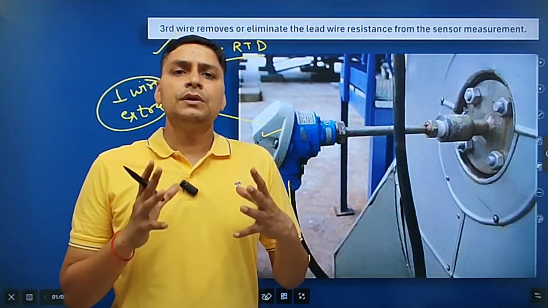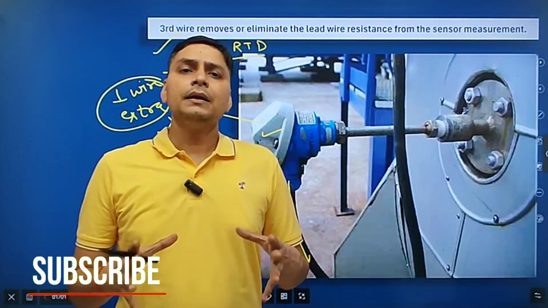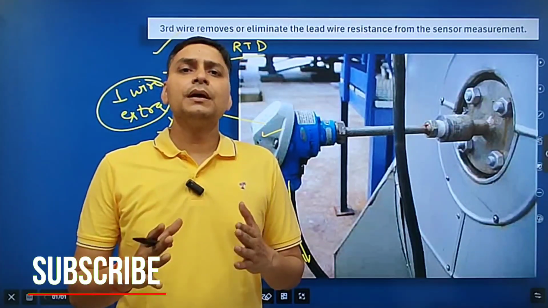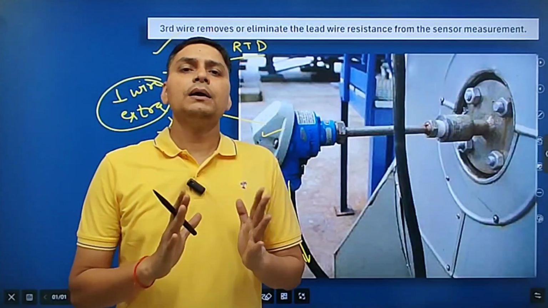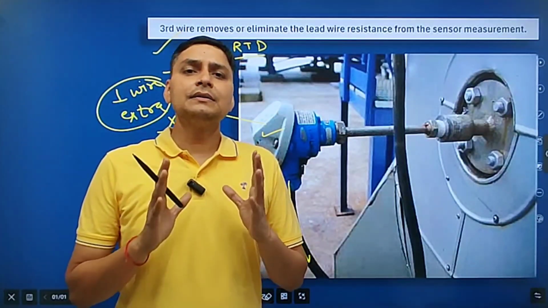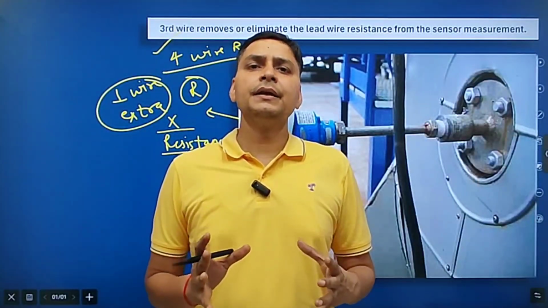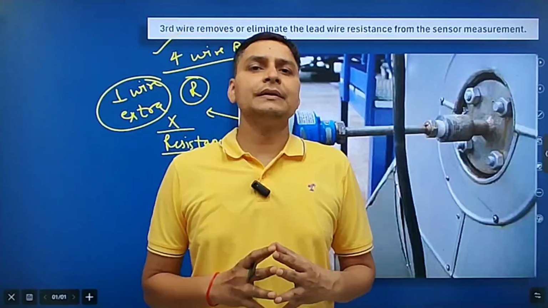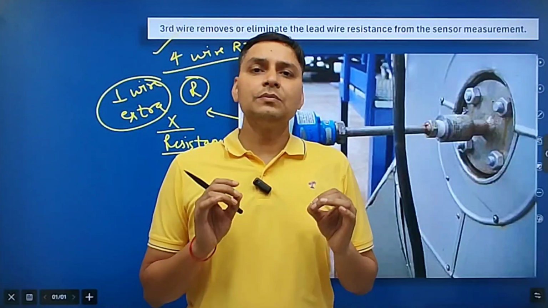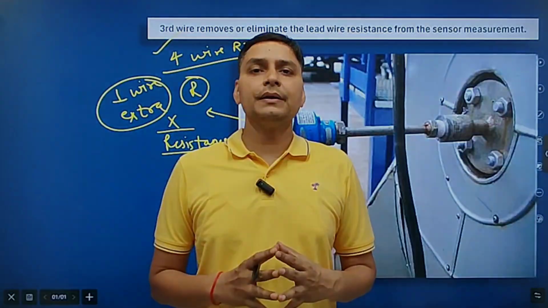And we use hundreds, even 200s of RTDs in our industry. So there will be a cost issue. Apart from the cost issue, the accuracy of 3-wire RTD is sufficient. And another main reason for using 3-wire RTD in comparison to 4-wire RTD is that 3-wire RTD is more compatible with industrial systems.